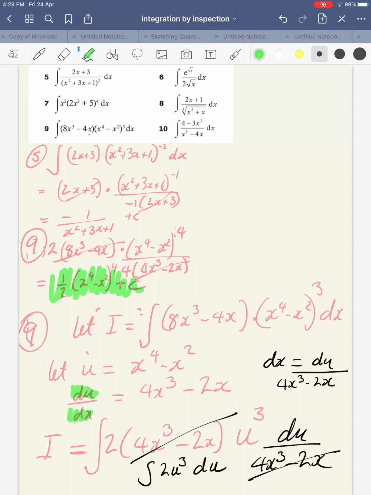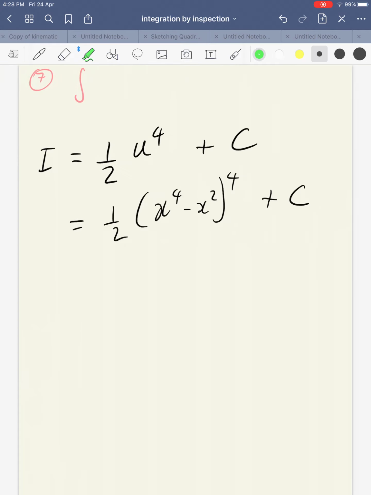But if you're already identifying which function you make u equal to, you've already identified that the derivative of that appears as the other piece of the integral. And if that's the case, you can always do it by inspection. As we move on to harder integrals, integration by substitution becomes a really powerful technique to use when things don't work out quite so smoothly. Okay.